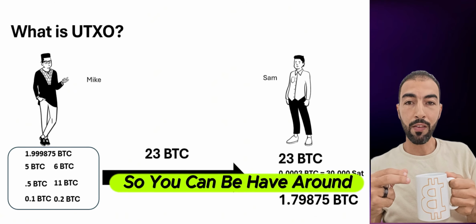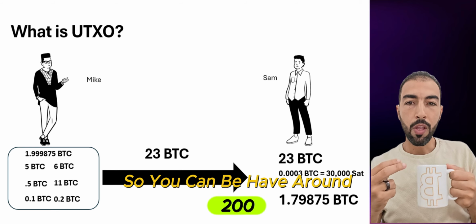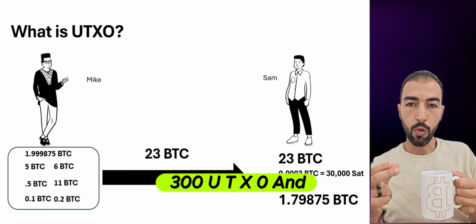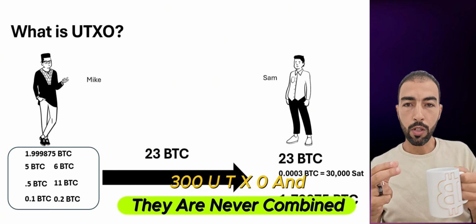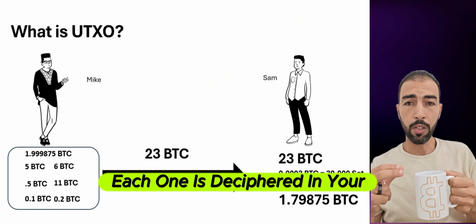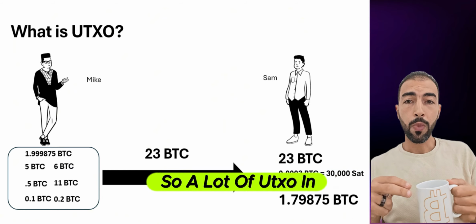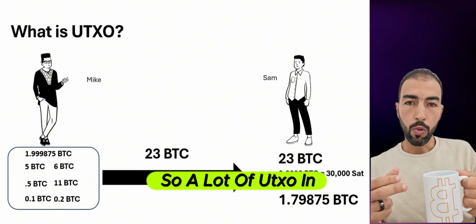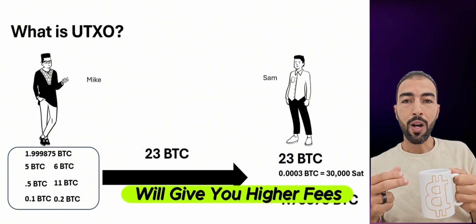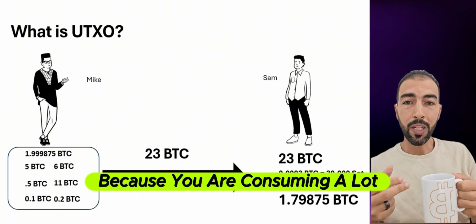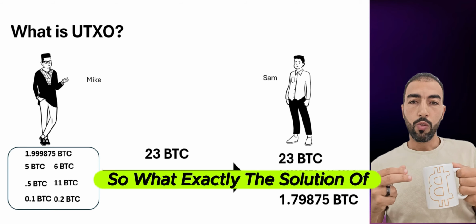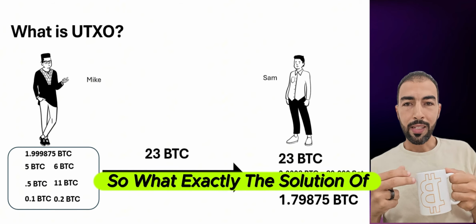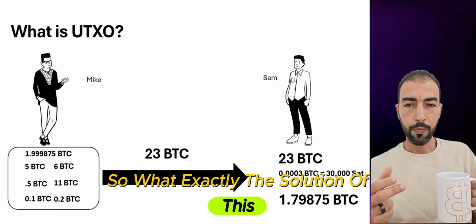So you can have around 200, 300 UTXOs and they are never combined. Each one is separate in your wallet. So a lot of UTXOs in one transaction will give you higher fees because you are consuming a lot of data. So what exactly is the solution to this?